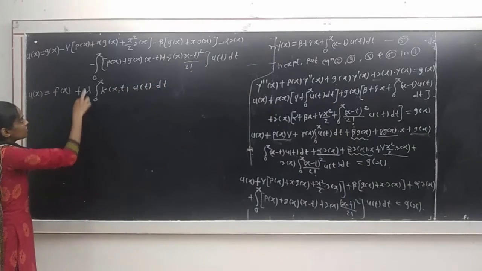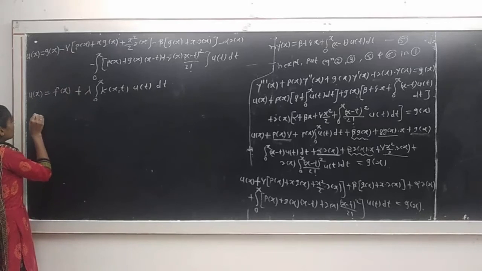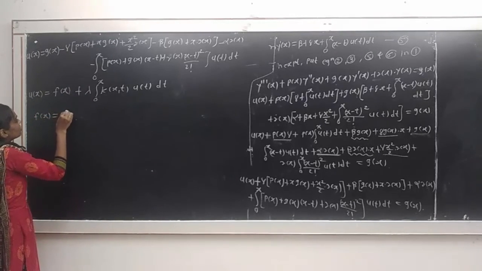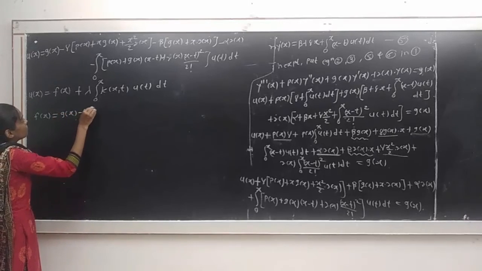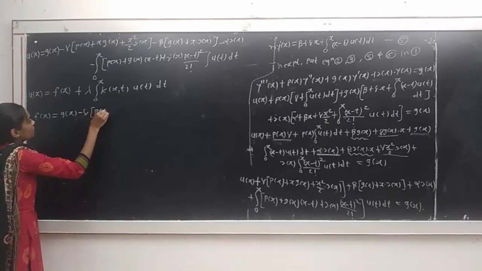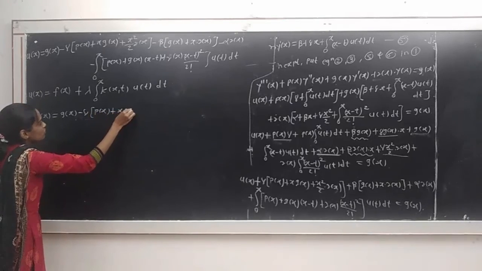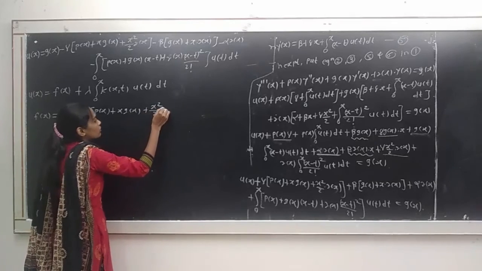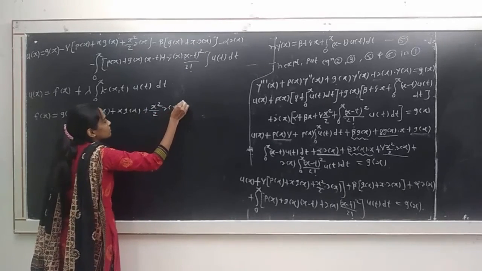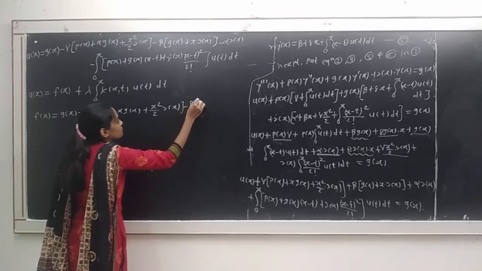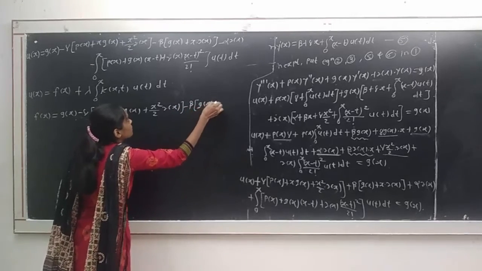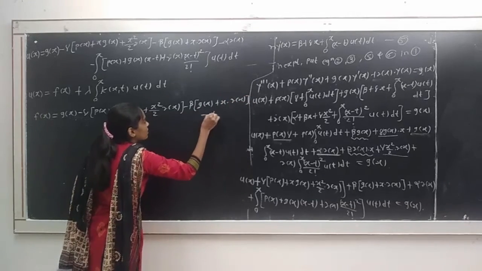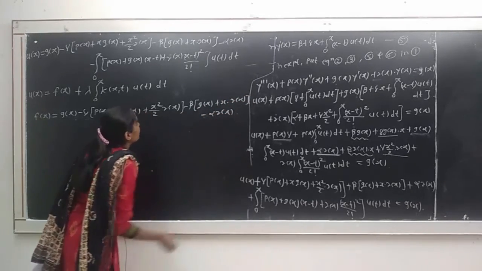If we compare this with this equation, then we get f of x is equal to g of x minus gamma in bracket p of x plus x into q of x plus x square divided by 2 into r of x, minus beta in bracket q of x plus x into r of x, minus alpha into r of x.